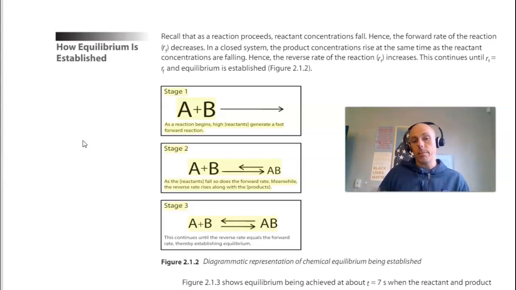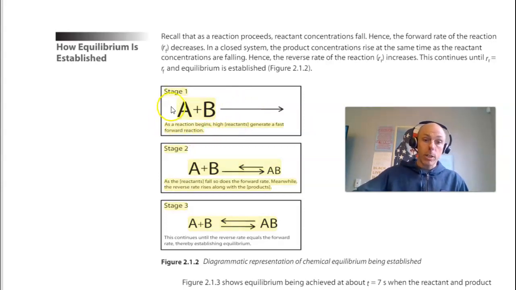And assuming that the concentration of reactants A and B are relatively high to begin with, then the rate of that forward reaction might also be relatively high, because rate is proportional to concentration. The long forward pointing arrow is indicating that the forward reaction rate is the only reaction that's occurring, and it's a relatively high rate because that arrow is relatively long.